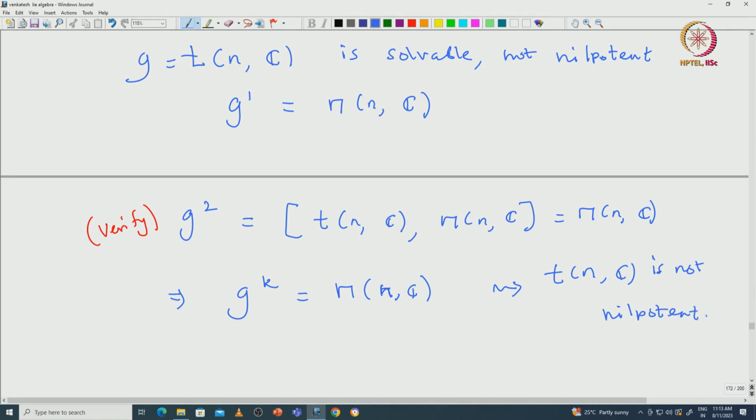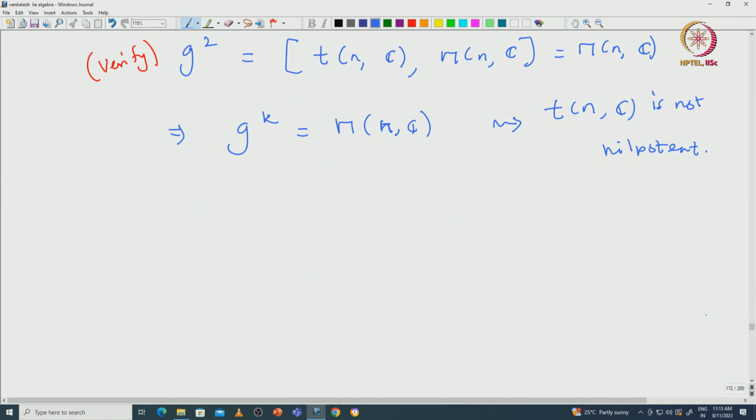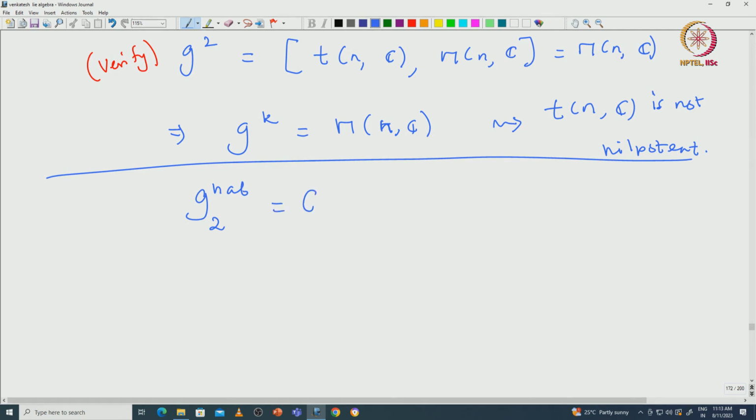Here is another simple example that we have already seen, which is again solvable but not nilpotent. If you take, for example, this G2 non-abelian, spanned by two elements x and y such that [x, y] is equal to x. If we compute the derived algebra, this will be one dimensional, and if you compute G2, it is not hard to see this is again one dimensional, C x.